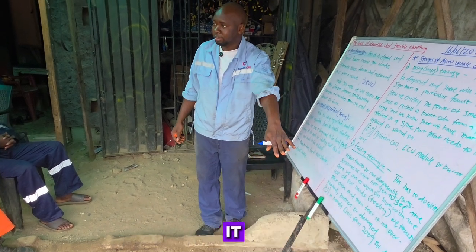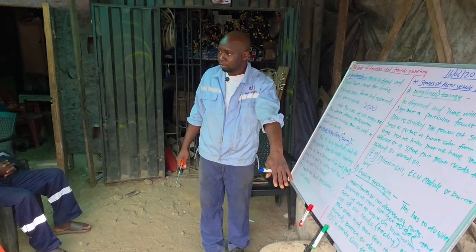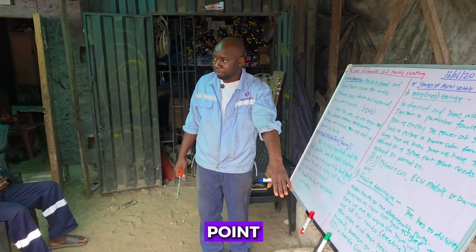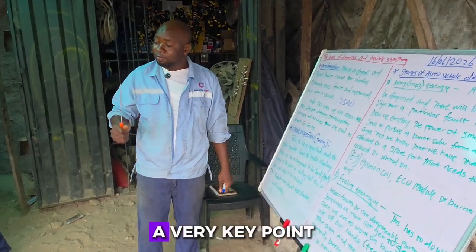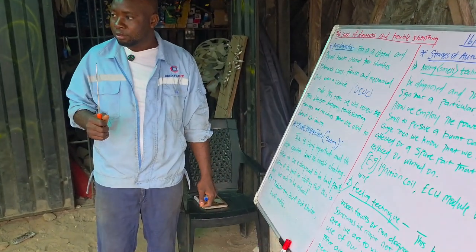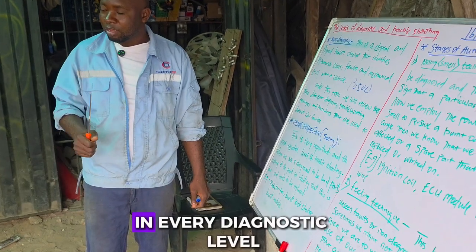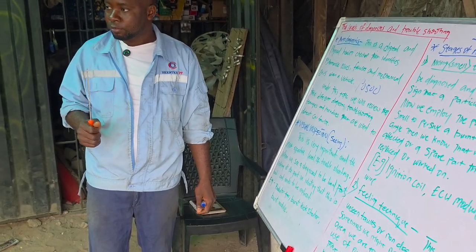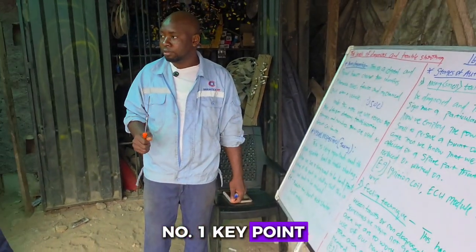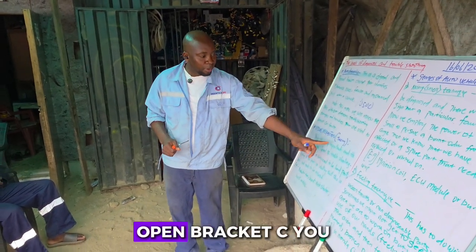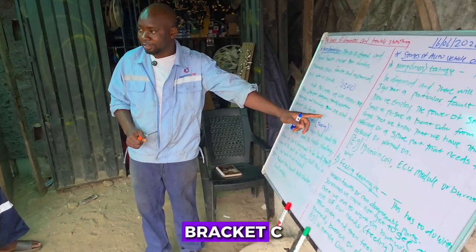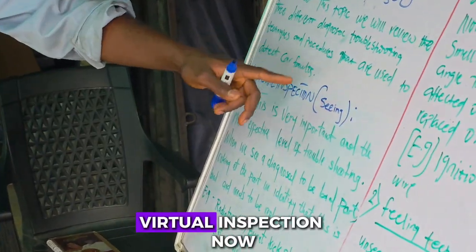I want to understand it. Are you getting my point? Visual inspection comes as a very key point in every diagnostic level. It's the number 1 key point in every diagnostic level. Visual inspection, open bracket, seeing. You see, I wrote open bracket seeing.